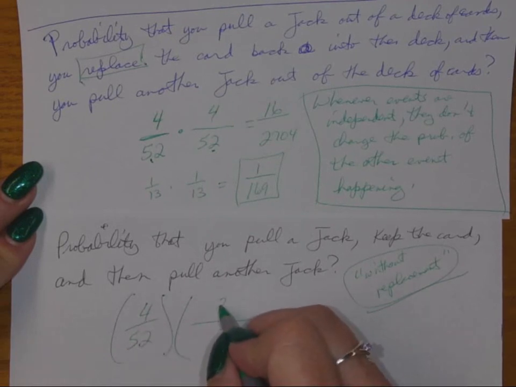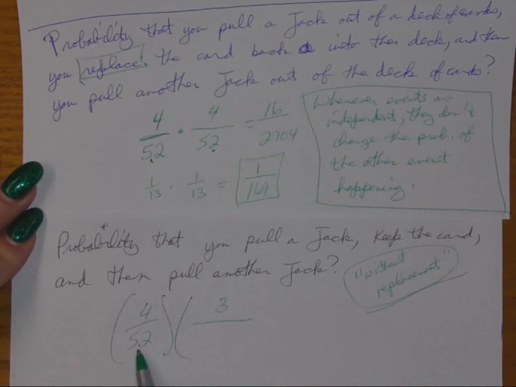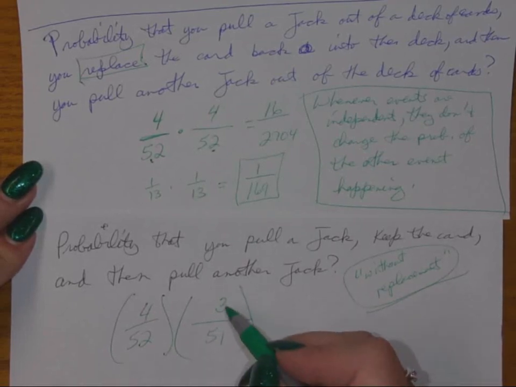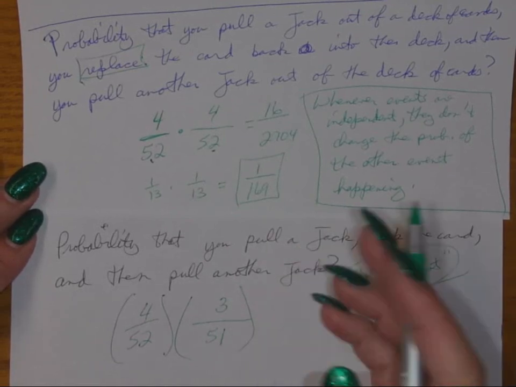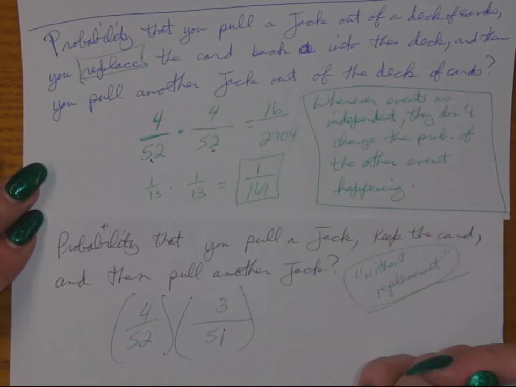So there's only 3 jacks in that deck now, right? And before there were 52 cards, but I kept that jack. So what does that mean for my denominator in the second fraction? Now there's only 51 cards, right? So in this case it changes both the top and the bottom.